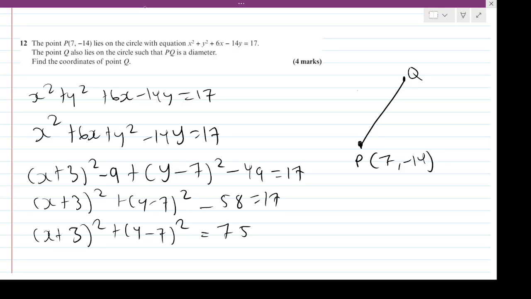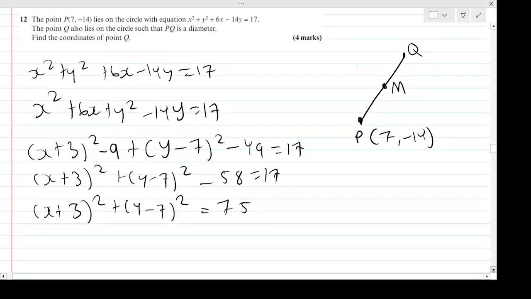So then we can find the centre and the radius. But then let's go back to this, because we are going to need either the centre or the radius. In this case, let's have a look. We are told that PQ is a diameter, again. Now, what do we know? If it's a diameter, think back to the early examples, the midpoint is also the centre.